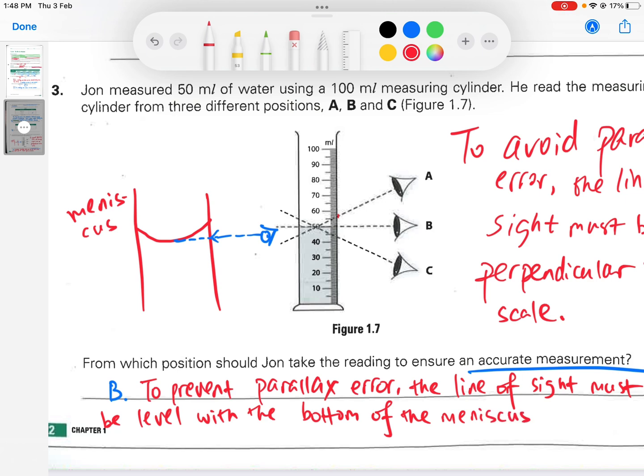The line of sight must be level with the bottom of the meniscus in the measuring cylinder. Okay, that's the final answer.